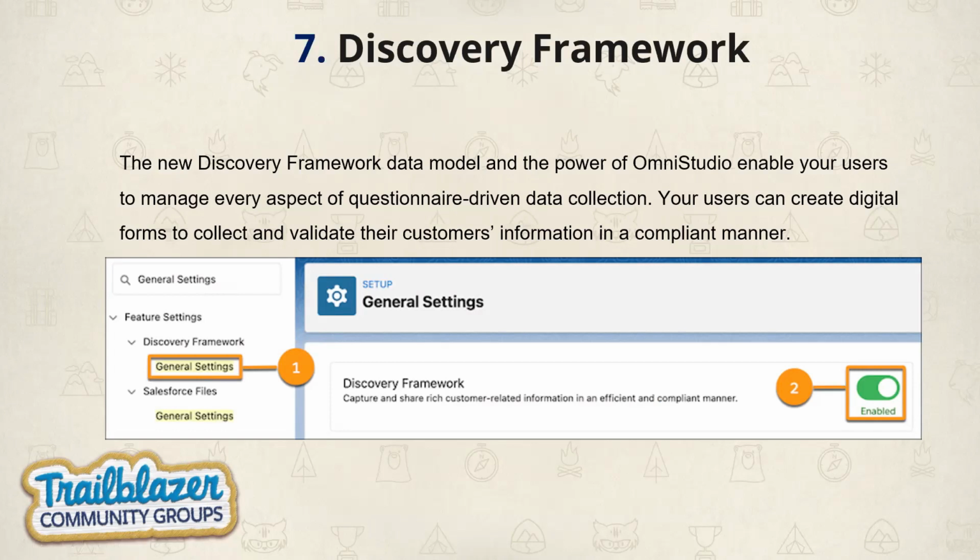Under this Velocity org, you have to find the discovery framework, and you have to enable this setting that is called general setting, because it captures and shares rich customer-related information in an efficient and compliant manner, right? So if you need this kind of operation, like data-driven collections, always set this value that is called enable general setting under discovery framework. So this is all about the discovery framework.